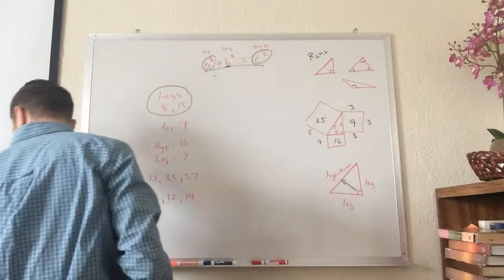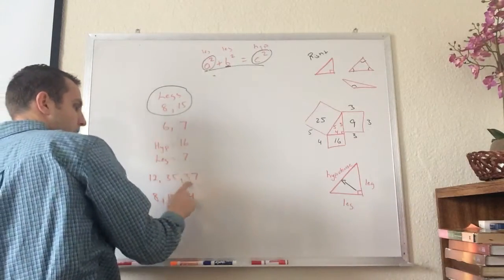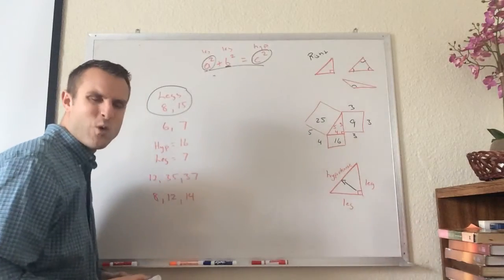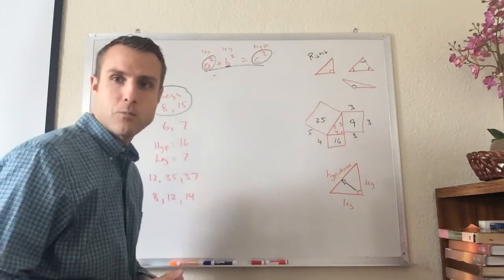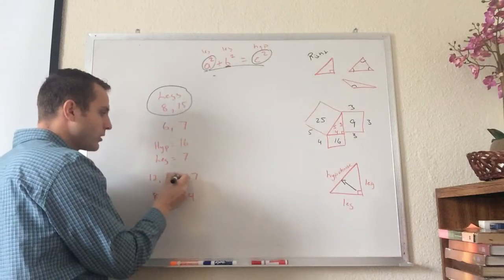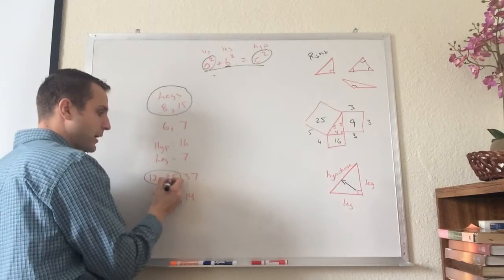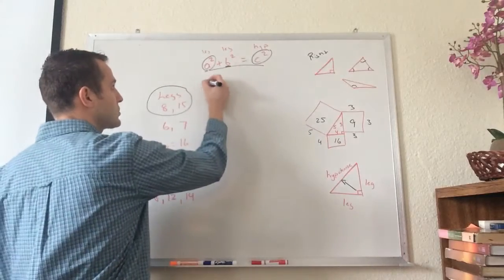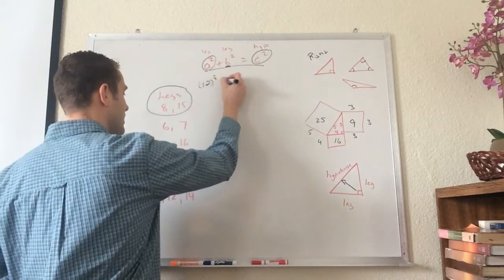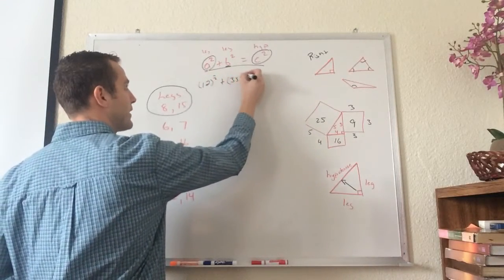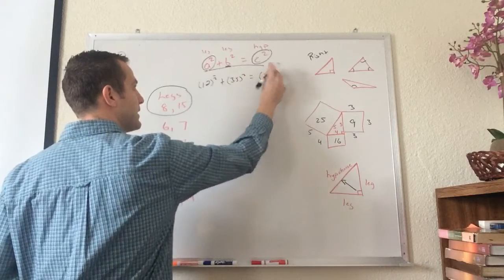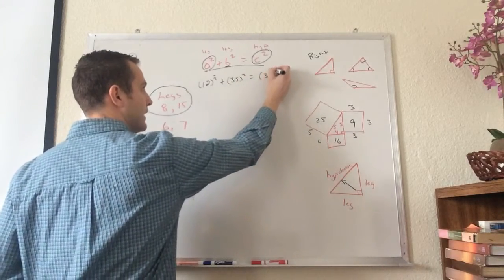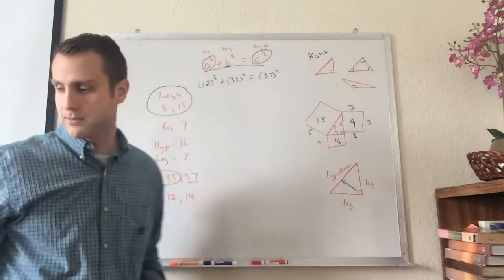My first set is 12, 35, and 37. So, remember, if the Pythagorean theorem works, I'm going to take the two smaller numbers, square them both, and that should equal my bigger number squared. So I'm going to do 12 squared plus 35 squared equals 37 squared. And I'm going to check and see if that's a true statement.